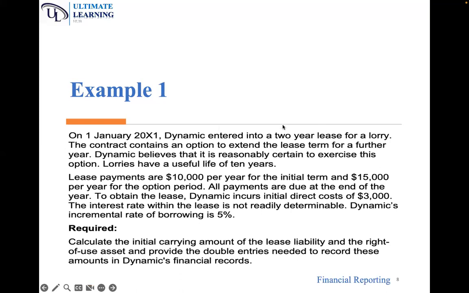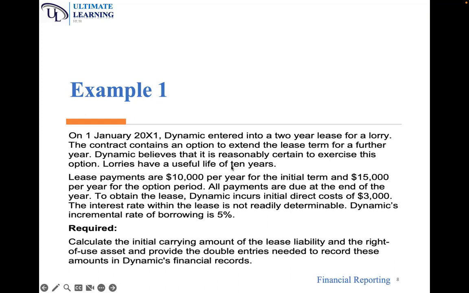So they got into a contract of 2 years, but the contract stipulates an option to extend the lease by a further 1 year. That will make it 3 years, subject to certain conditions, of course. Dynamic believes that it is reasonably certain to exercise this option. What is it reasonably certain to exercise? The option to lease for the 3rd year.